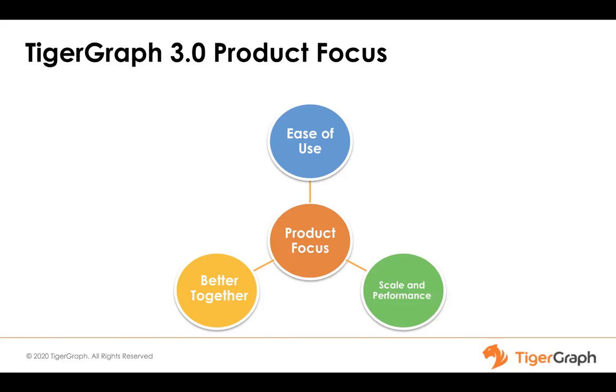The challenge was to pick and focus on a few areas to make the product even more compelling. So our approach was to lay down 3 design principles along which we would build those features. First, top of the list, was ease of use, because we already have the functionality, we have the best performing database.